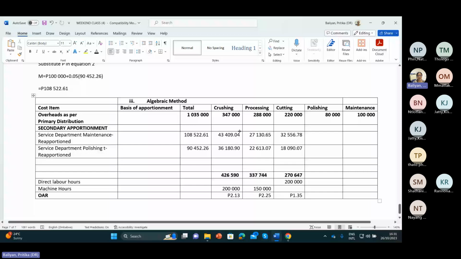Then the maintenance department works 25% for processing. So you have to calculate 25% of this total cost of maintenance. How much are you going to get? Can you calculate, everyone?